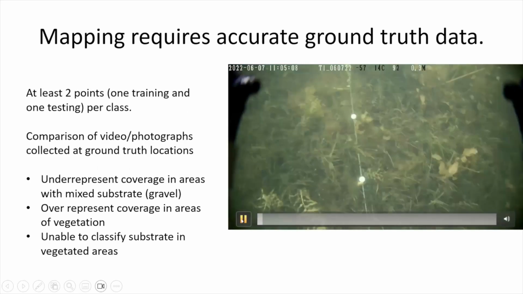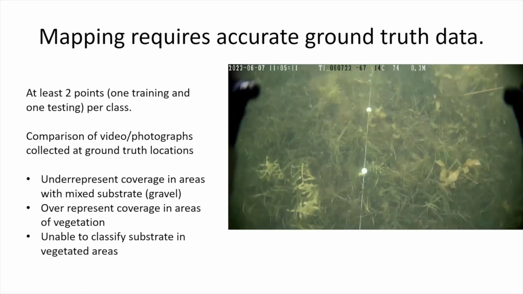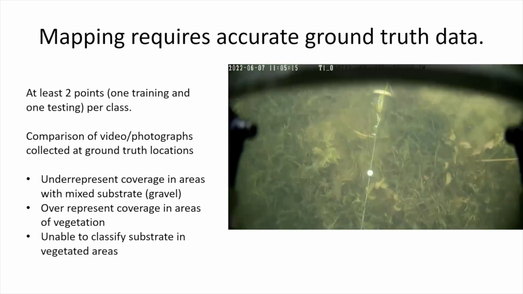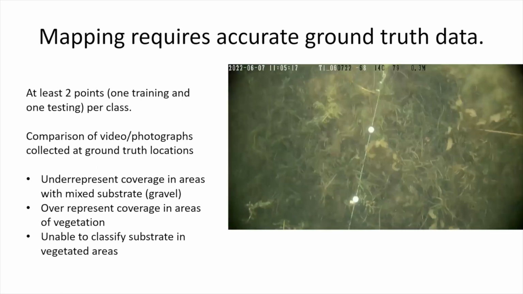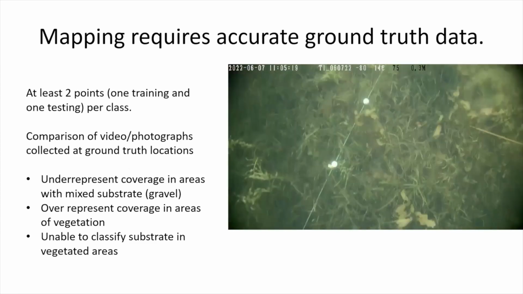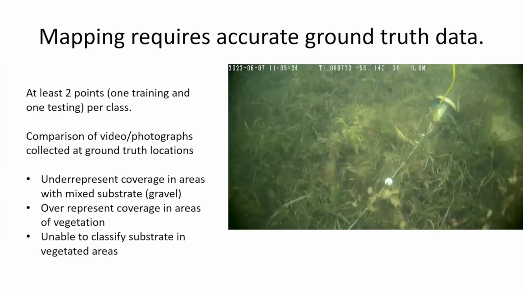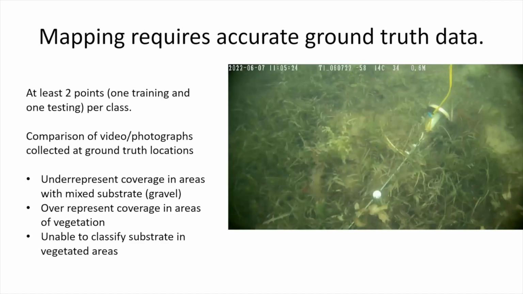The next thing that we noticed is that in areas where there's vegetation, again, using the video alone, the mussel coverage was really overrepresented in areas of vegetation. And that's in part because of our inability to see the actual bed or the actual substrate where there is vegetation. And similarly, we were unable to accurately classify the substrate using video alone in vegetated areas.